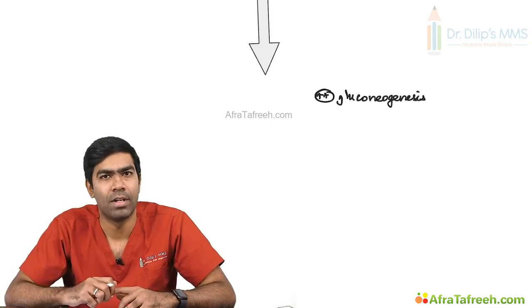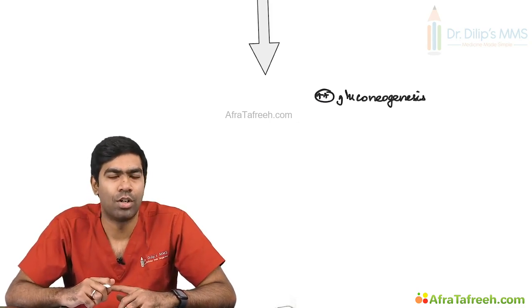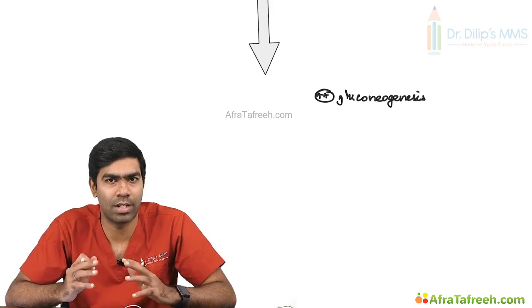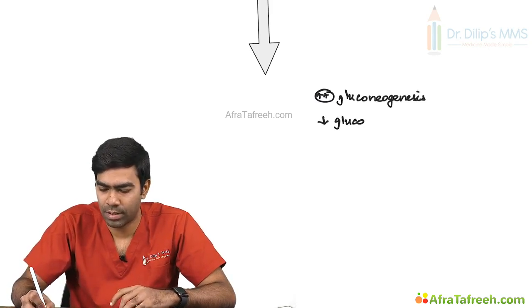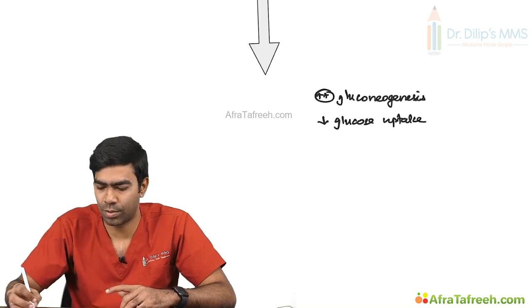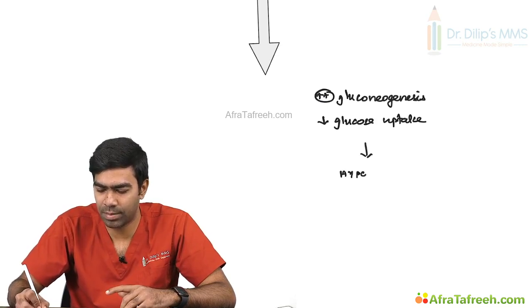At the same time, insulin is essential to cause uptake of glucose in the skeletal muscle and adipose, which are the major utilizers of glucose in the body. So there will be reduced glucose uptake by the cells in the body, especially the skeletal muscle and the adipose tissue. So these things are going to result in significant hyperglycemia. These are the reasons why you develop hyperglycemia in this setting.